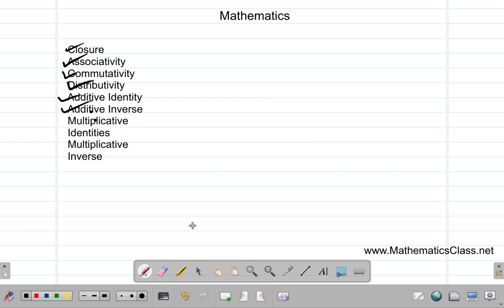For the multiplicative identity, I want a certain number, you know. Now, if you multiply a number by the multiplicative identity, the answer you get will be the number.